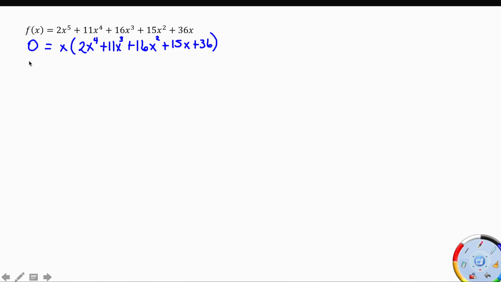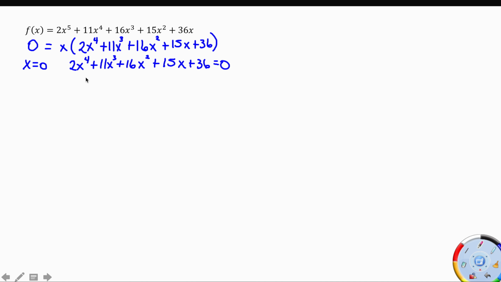Once I have it factored, I know that means, okay, x equals 0, or, remember our zero product property, the other factor equals zero. So I've really already found one of my zeros.